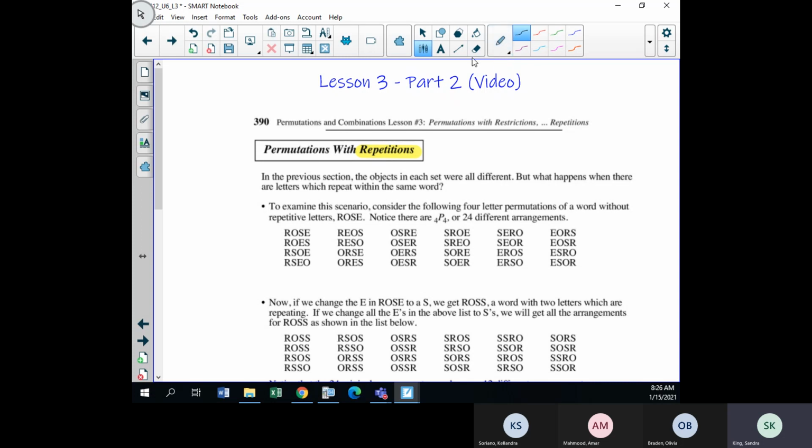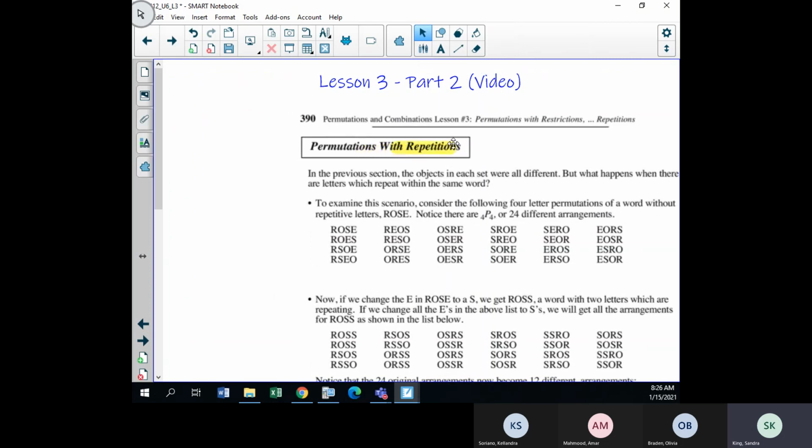Okay, so off to the side, I want you to write the word rows. Okay. And you would say right away, okay, rows is 4 letters. And if I said to you, how many different 4-letter permutations or arrangements can you make with the letters in the word rows?